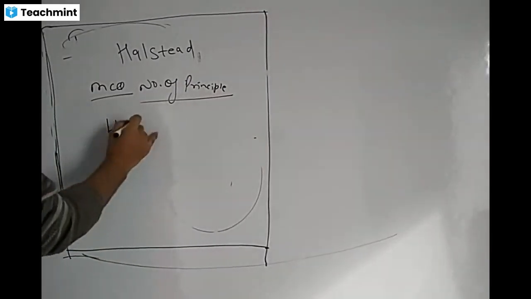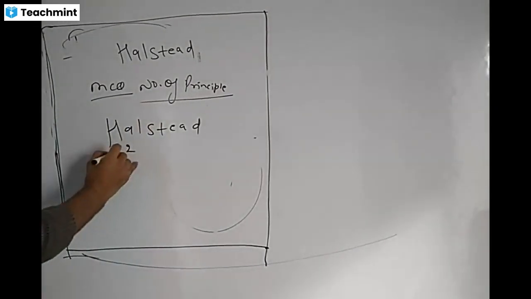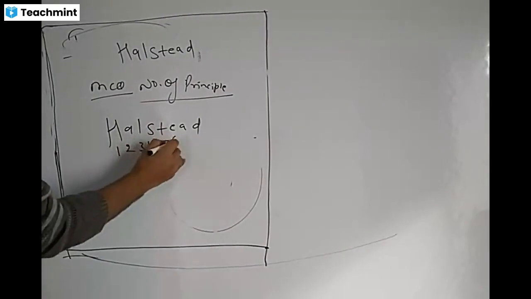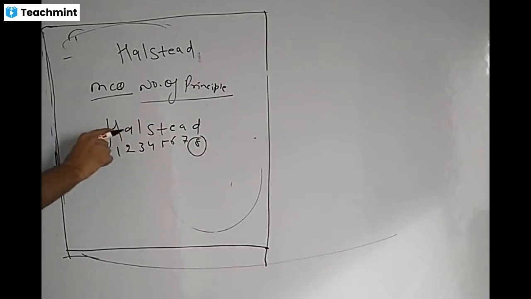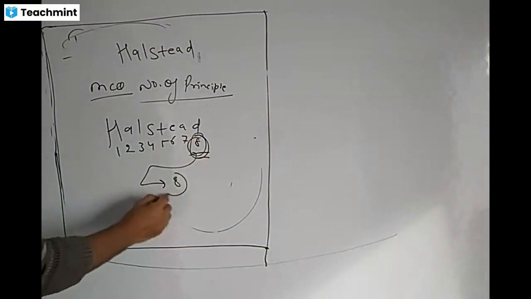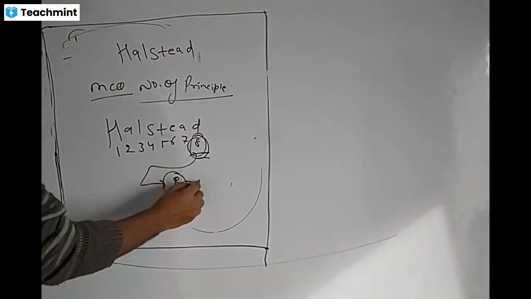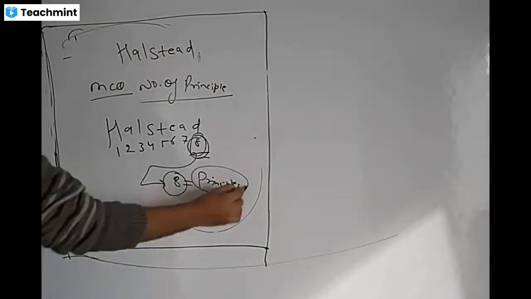Just simply count the letters: 1, 2, 3, 4, 5, 6, 7, 8. The number of letters in Halstead is 8. From the name itself, you will know that there are 8 principles.